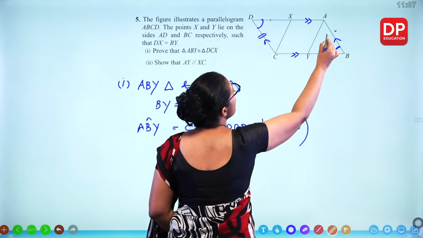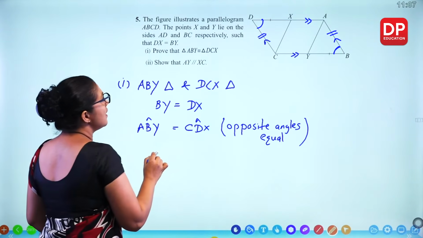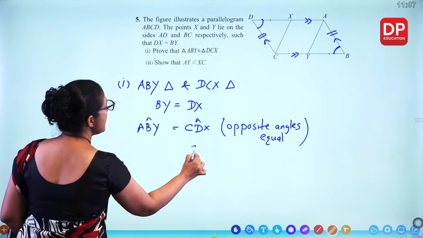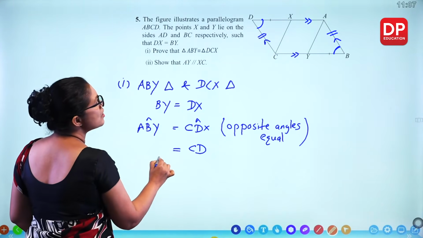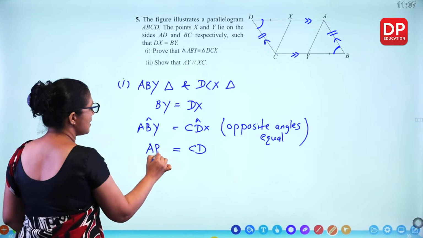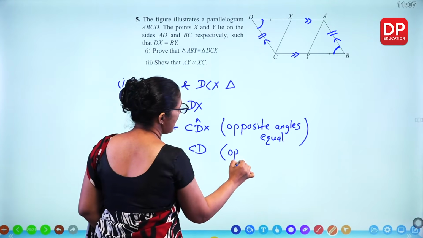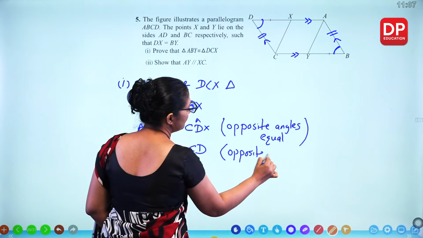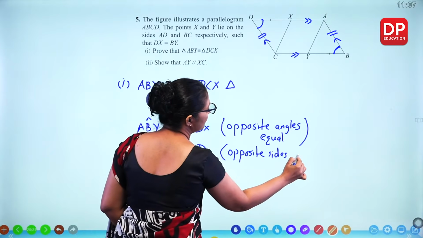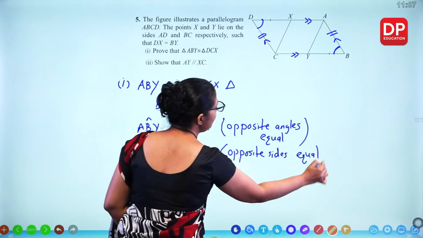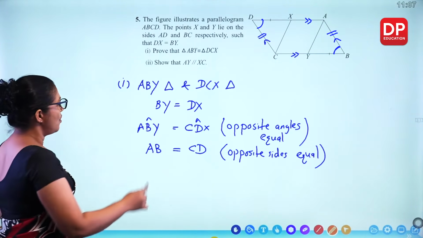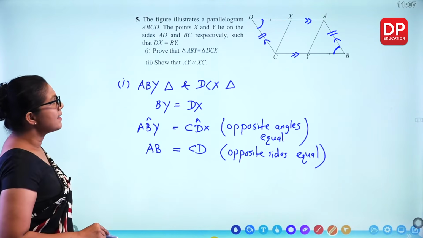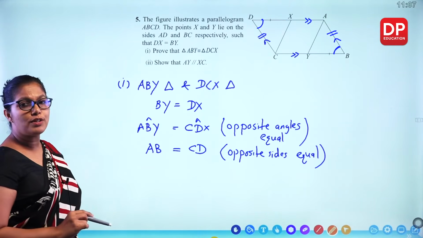Opposite sides are equal. I can write CD is equal to AB. Opposite sides are equal. Now, two lengths and one angle, and the angle is the included angle.